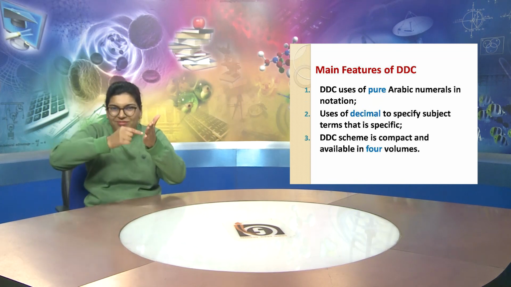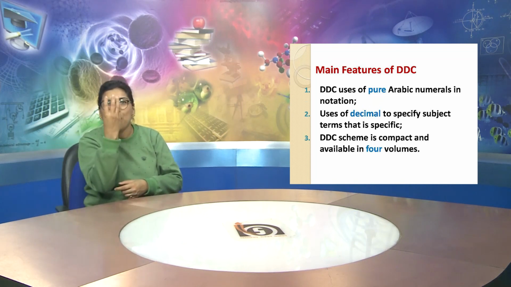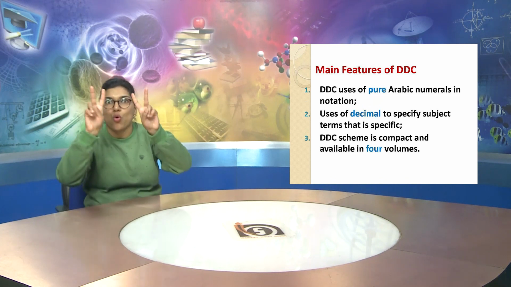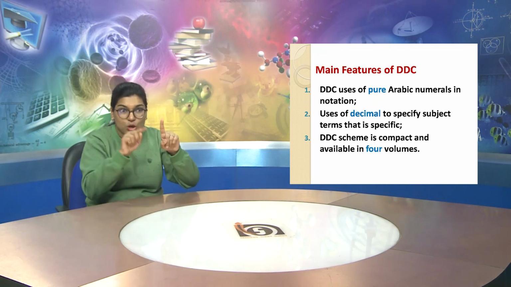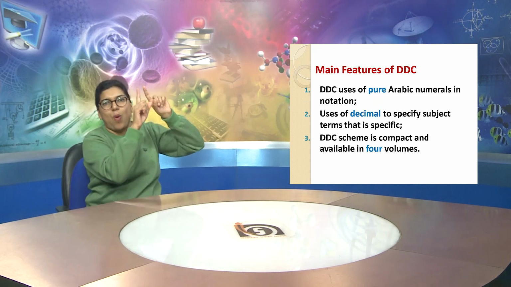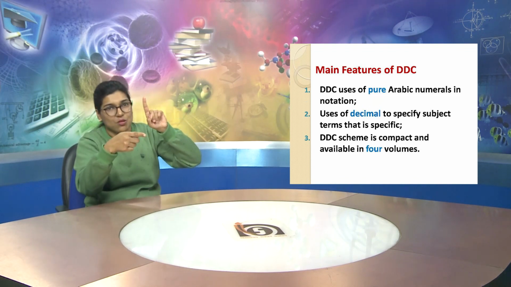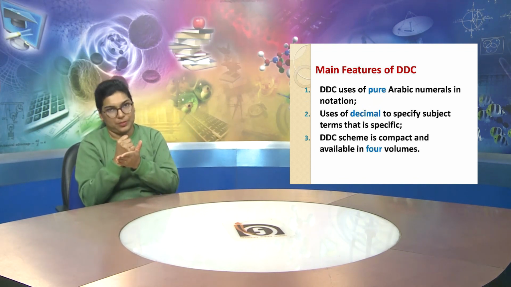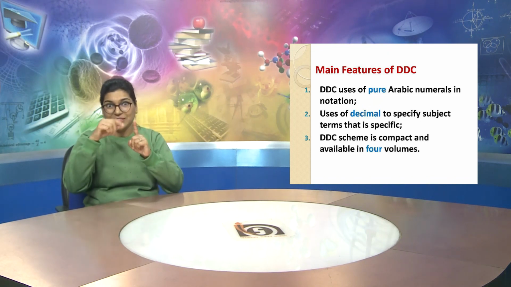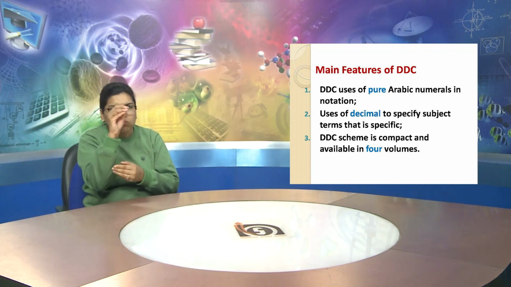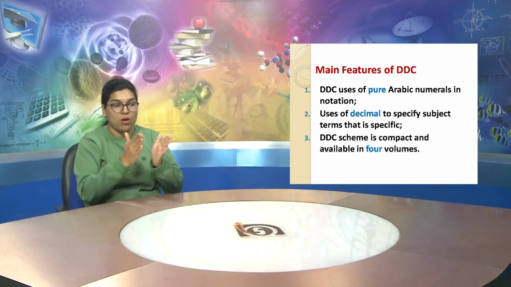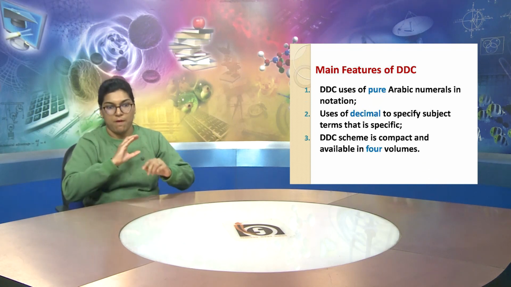It uses decimals to specify subject terms that are specific. Point 3. The DDC scheme is compact and available in 4 different volumes.